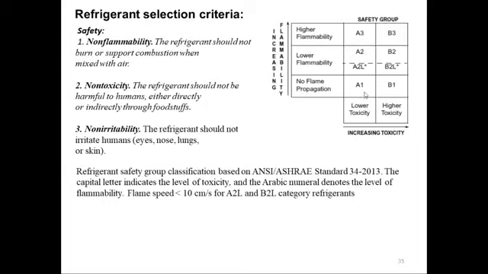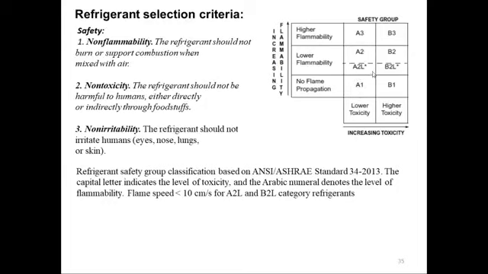A1 means not toxic and not flammable. A3 is maybe non-toxic but highly flammable. That's how they've been classified. These are the standards that we use to describe whether a refrigerant is toxic or flammable. Most of the time we like it to be in A1, non-toxic and non-flammable.